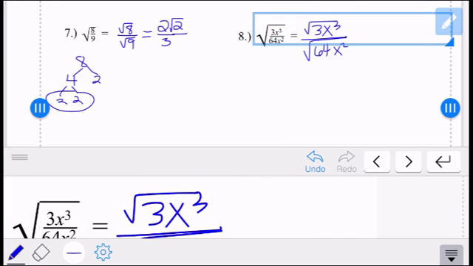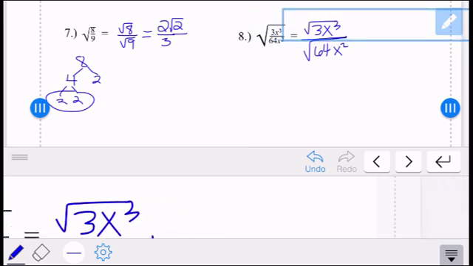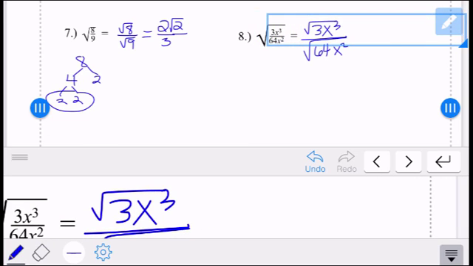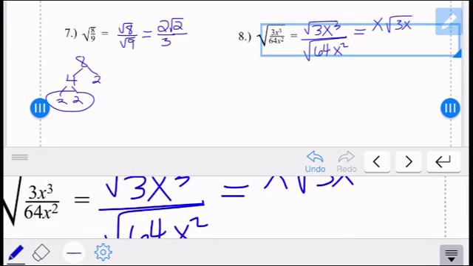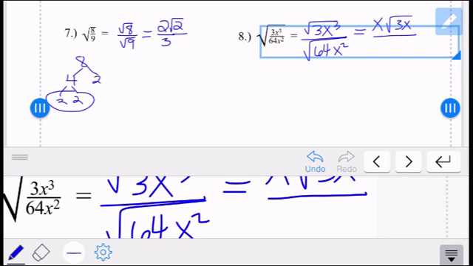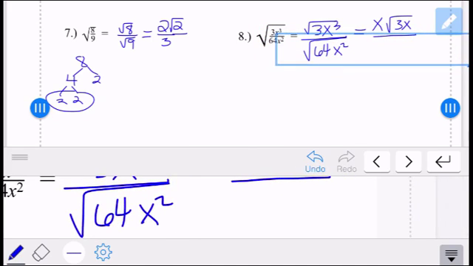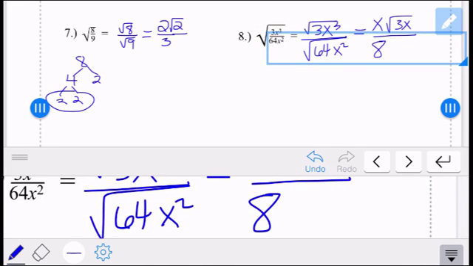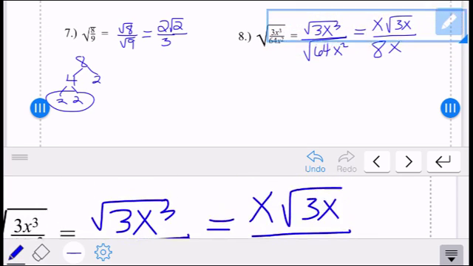The square root of 3 doesn't have any other factors, so that's not going to break down. But we've got x to the 3rd in there, so that means there's an x squared inside of that, so we can take an x out. And we'll have one remainder left over inside of there. Then the square root of 64, that's 8, that's perfect. And then the square root of x squared is going to be x. So we've got this guy.